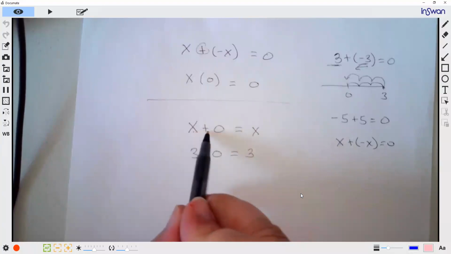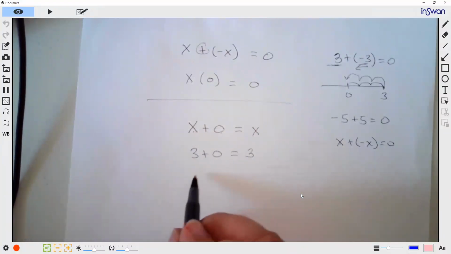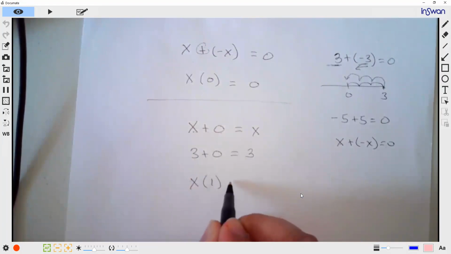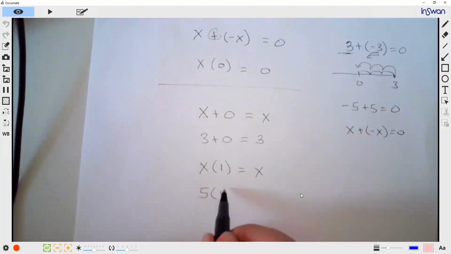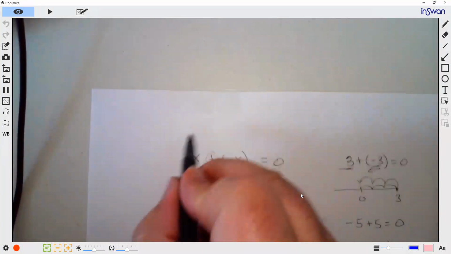So anything plus 0 is always the same thing. Anything times 1 is equal to itself. So 5 times 1 is equal to 5. This is called the inverse property.